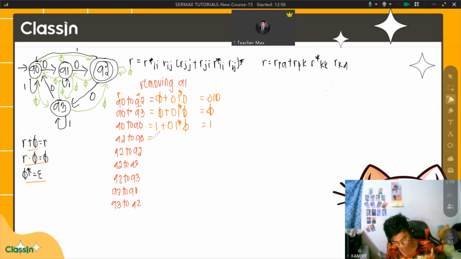Now, Q2 to Q1, that is PQ. So Q2 to Q0, that is 1 plus Q2 to Q1, since Q2 is your P and Q1 will be your K, so that is null. And then KK is 1 clean star, and then times the KQ, Q1 to Q0, that is null.